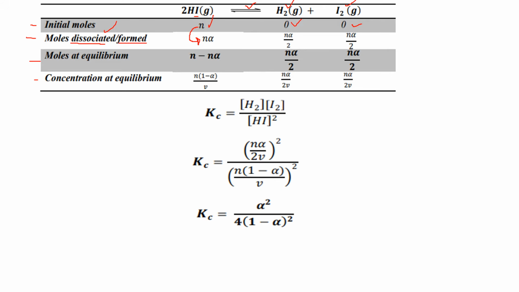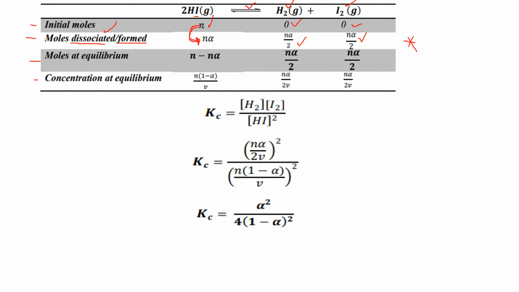Now this is where you start from. I told you, you only need one value on the second row. After getting that value, you use mole concept to find other values, these ones. So to get the number of moles dissociated, we always get the initial moles and multiply them with the degree of dissociation. Now it's going to be n alpha.